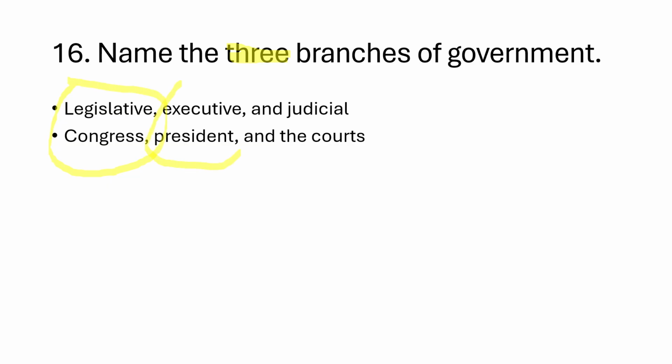The executive branch is primarily led by the president, and the judicial branch is made up of the Supreme Court and the federal courts. So you can answer this either way. You could say legislative, executive, and judicial, or you can say what they are made of: Congress, the president, and the courts. Either answer is correct, but you must give all three.